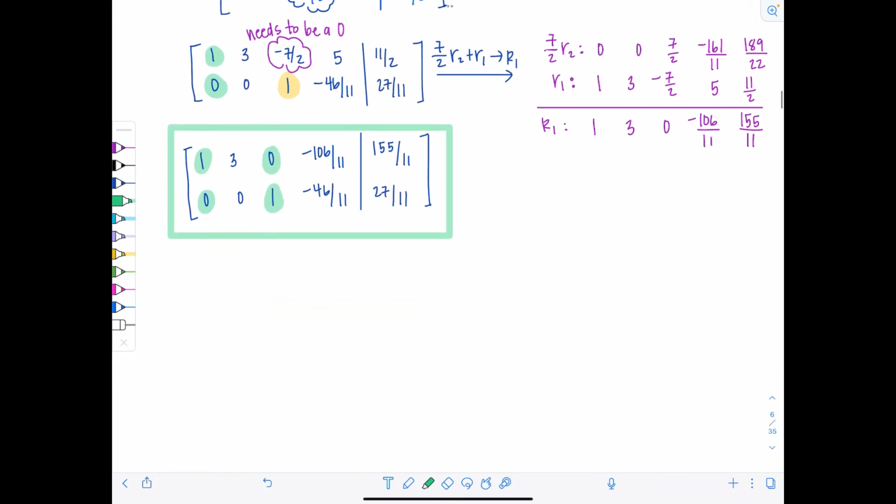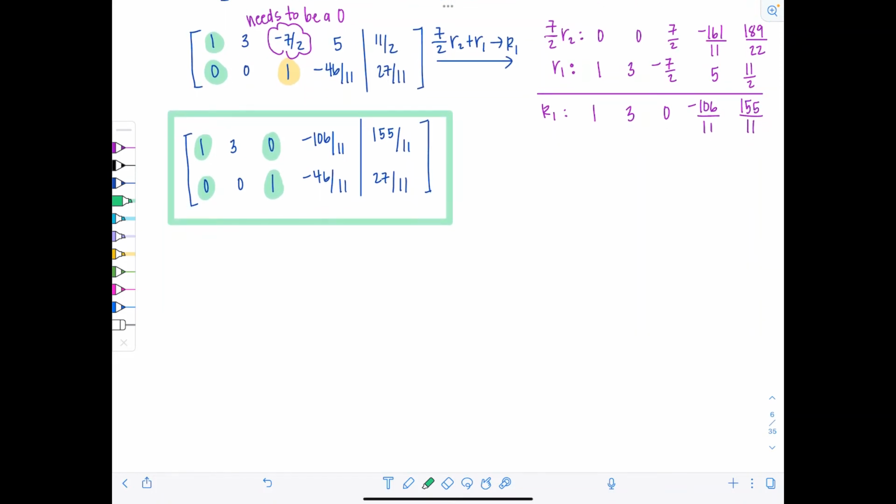So now how do we write out the solution set? We'll go back to the system of equations that this matrix represents. Okay, so row 1 would be x1 plus 3x2 minus 106 over 11 x4 equals 155 over 11. And then the second row would be x3 minus 46 over 11 x4 equals 27 over 11.